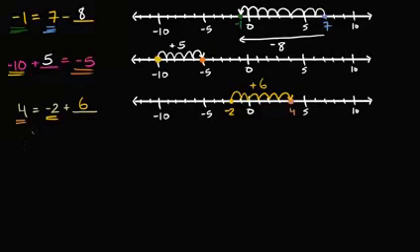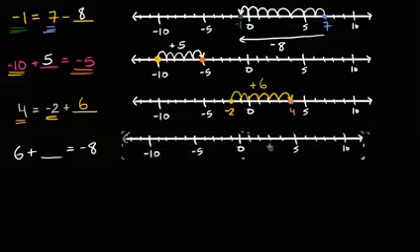All right. So let's say we wanted to figure out, I have 6 plus blank. 6 plus blank is equal to -8. Like always, try to pause the video and figure out what this blank is going to be. Let me throw my number line back here.